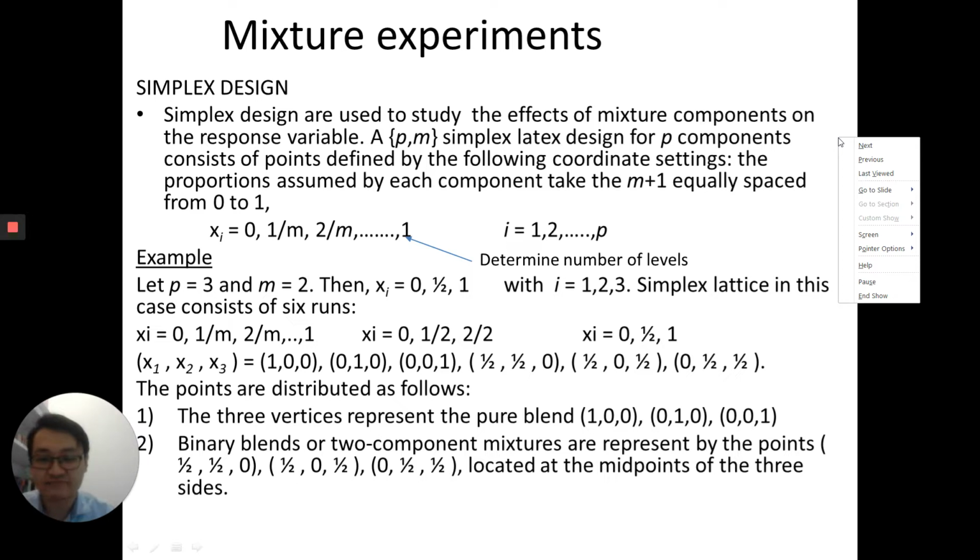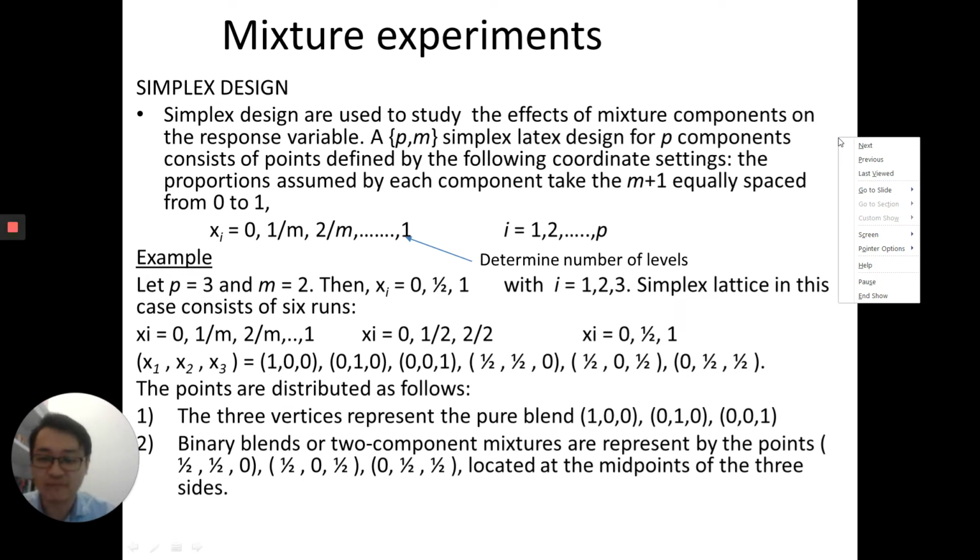It means that if you have m equal to 2, then the proportion will be 3. Example, P equal to 3 and m equal to 2, then your proportion will be 0 divided by m, 1 divided by m, 2 divided by m, until you get the final, which is 1. So in this case, m equal to 2.